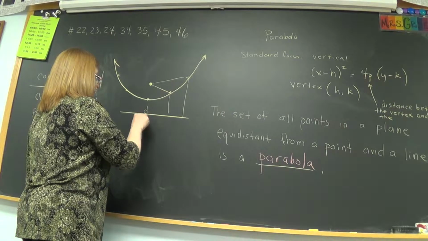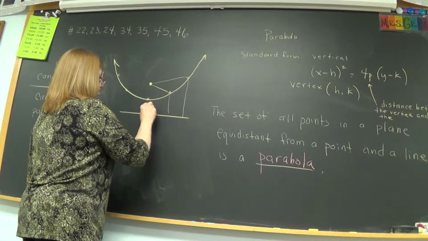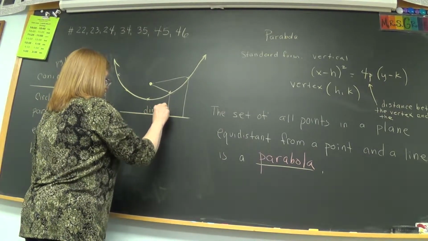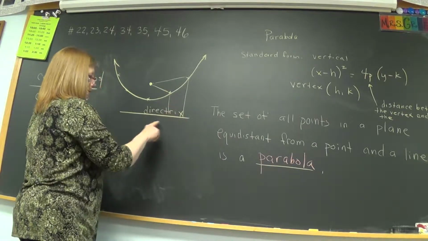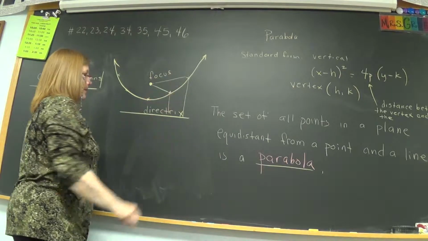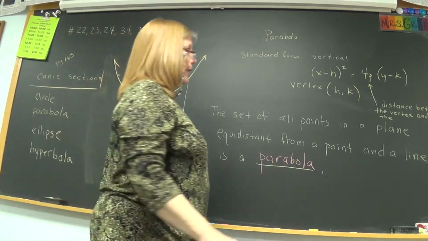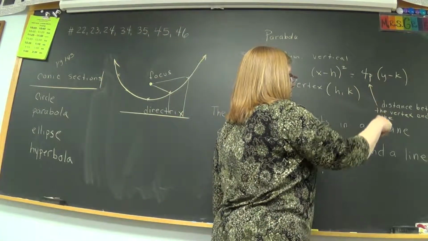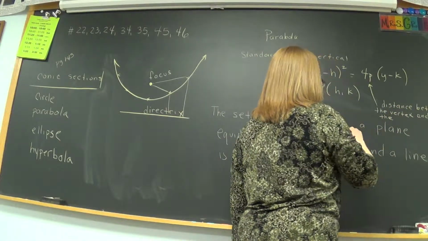I want you to go back and name that line the directrix, and name the point the focus. Now the focus is not named here, but it will be involved in our drawings.